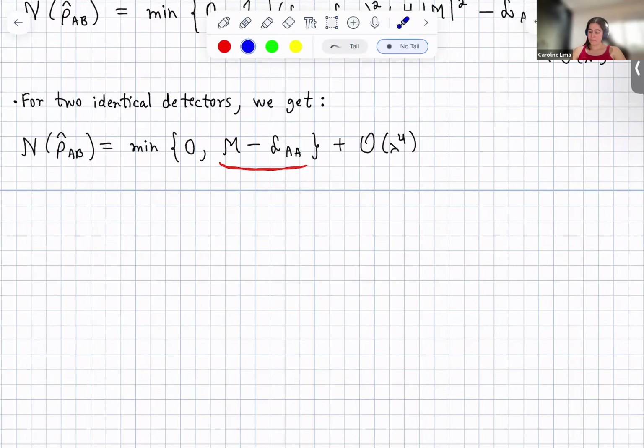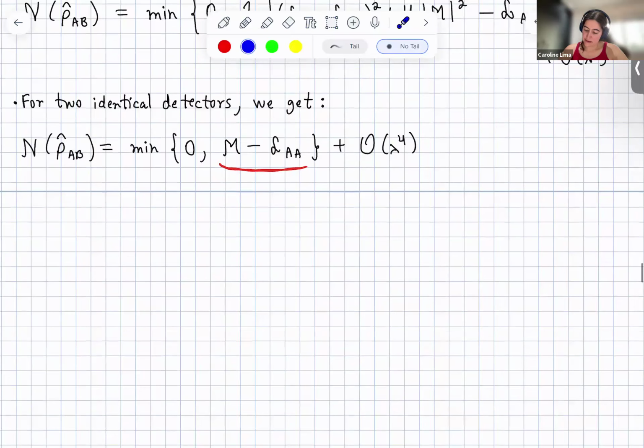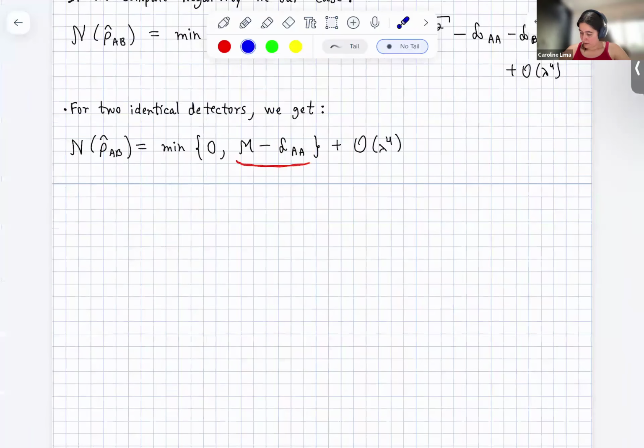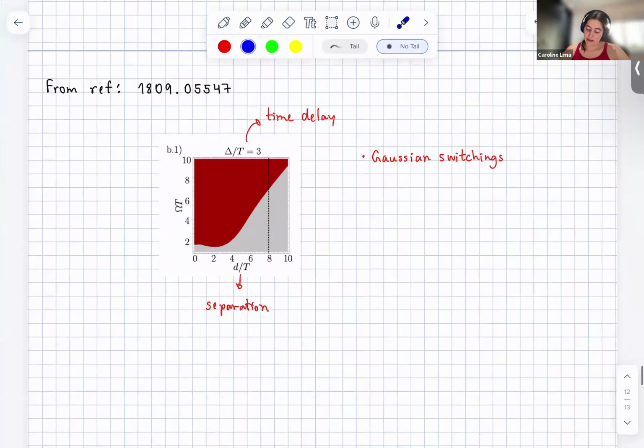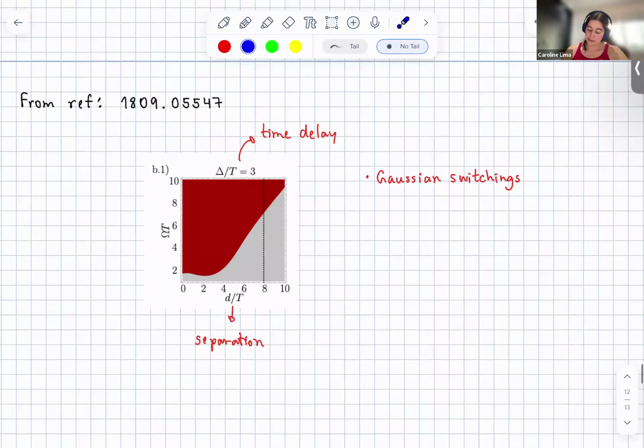Now, one thing that I thought of discussing: remember that I mentioned this reference in the beginning, a very nice reference that discusses the entanglement harvesting for a few cases. Let me see, I had copied somewhere. Okay, here. From that reference, I copied this plot that they made, which was for Gaussian switchings.